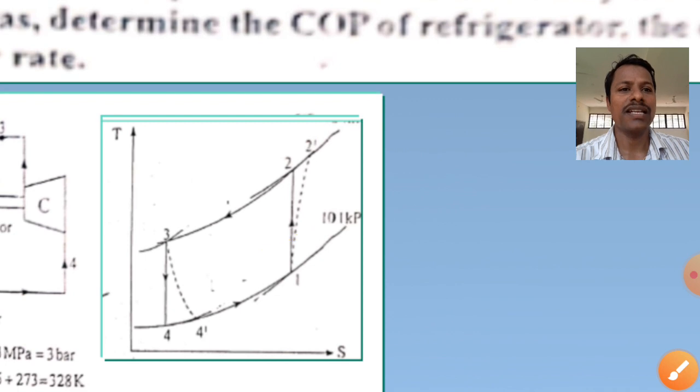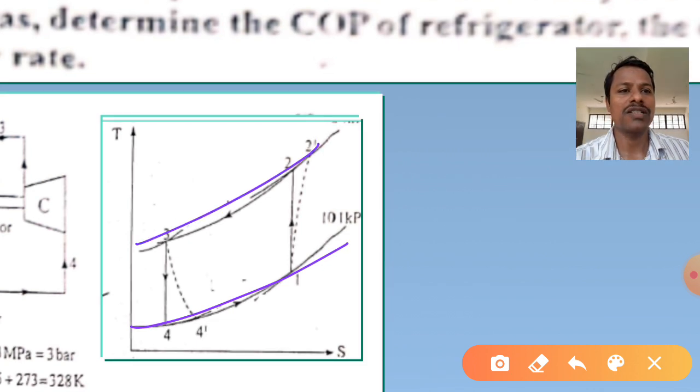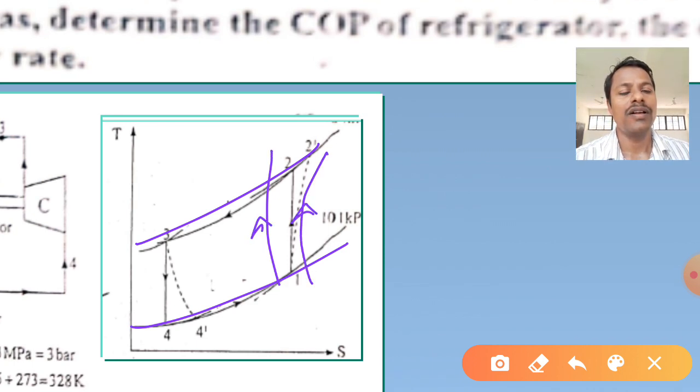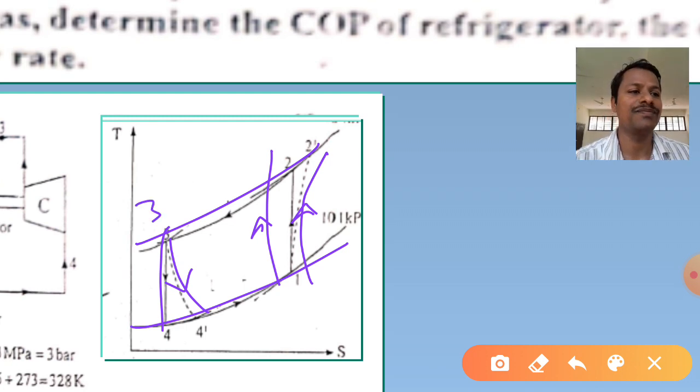This is the TS diagram, which changes in this way. These are the constant pressure lines, 1 to 2 is compression. This is the deviated actual line because of compressor efficiency, and 3 to 4 is the isentropic process, while the actual process is 3 to 4 dash.